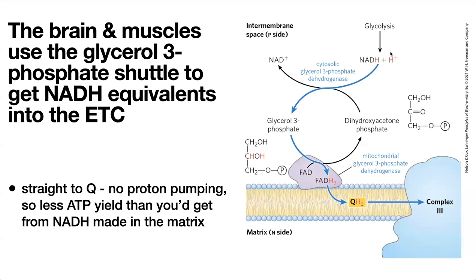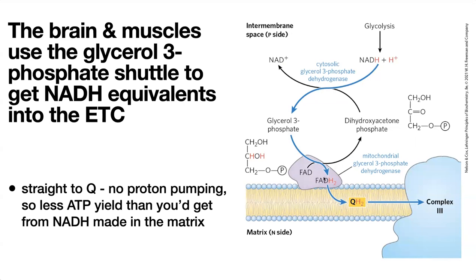Q. So here we're taking the electrons from the glycolysis, passing them onto NAD, generating NADH. We then pass the electrons from NADH onto dihydroxyacetone phosphate, giving us glycerol-3-phosphate. We now take the glycerol-3-phosphate and we pass electrons from it onto FAD to give us FADH2.